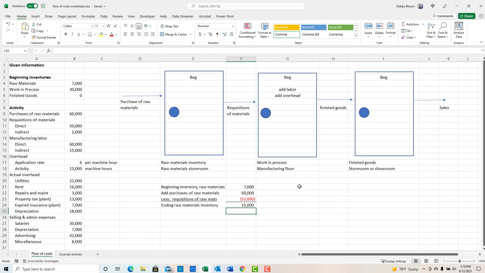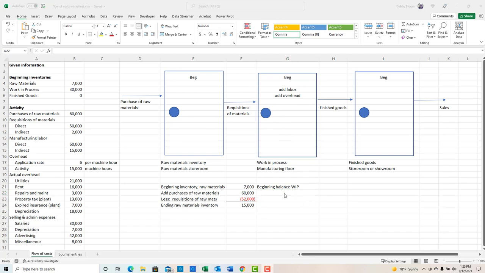Now let's work on Schedule 2, which is going to be our work in process. And we're going to have to do a little bit of calculation. So for our work in process, Room 2, just like it says before, we're going to start off with our beginning balance. And work in process, that was given in the problem, is 30,000.